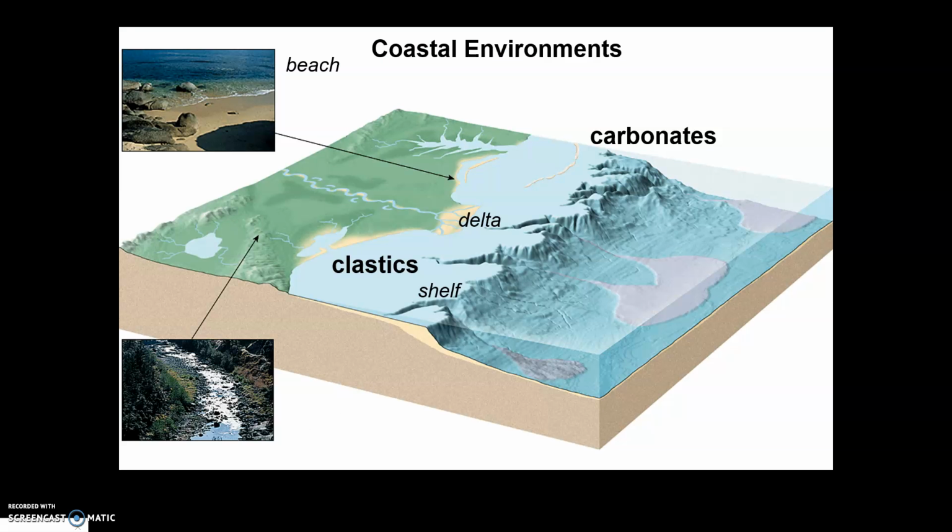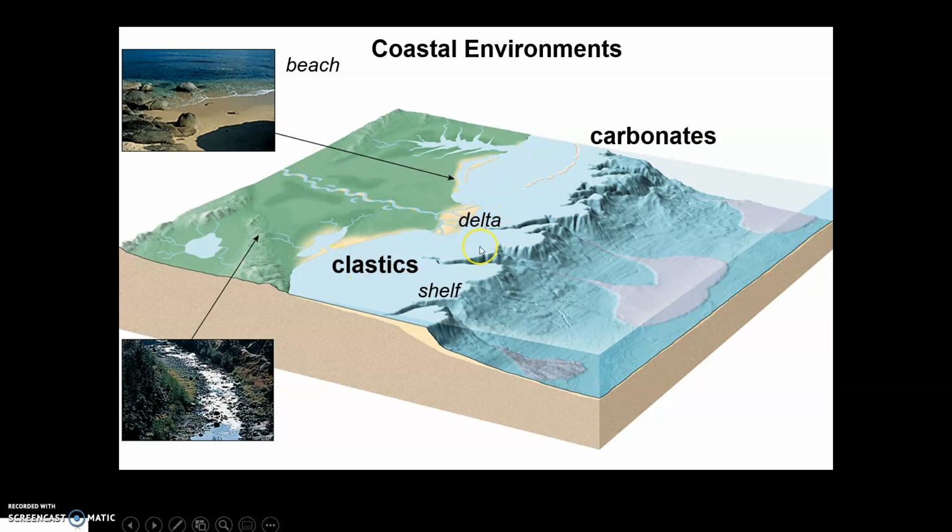So here's this slide basically showing you what coastal environments look like. This is a 3D model showing where a beach environment would occur. It's also showing landward where we have mountainous terrain, with river systems that emanate from high elevations and flow towards the ocean.